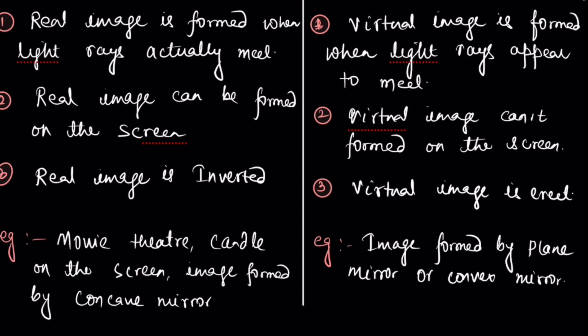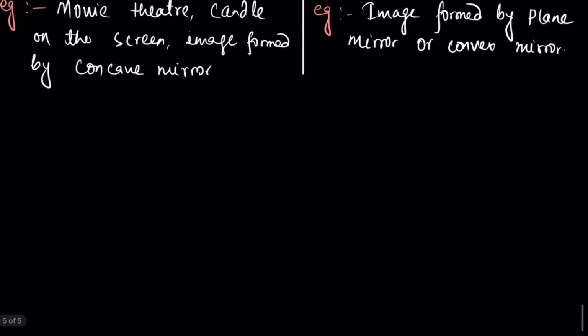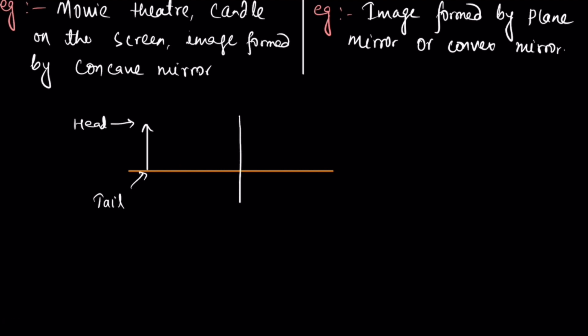Here I need to explain erect and inverted. See, if I have an object, this is the head and down is the tail. If I put a mirror, any mirror, suppose let's take the example of a plane mirror.